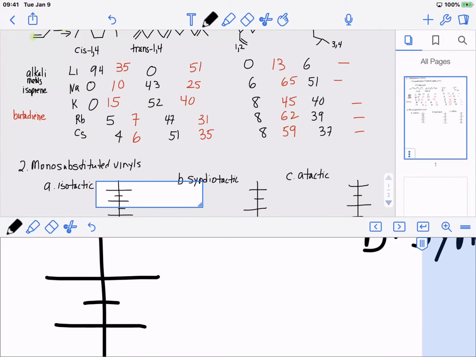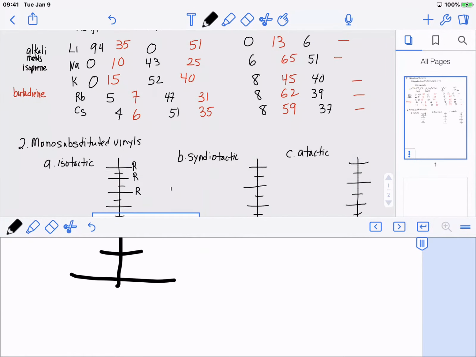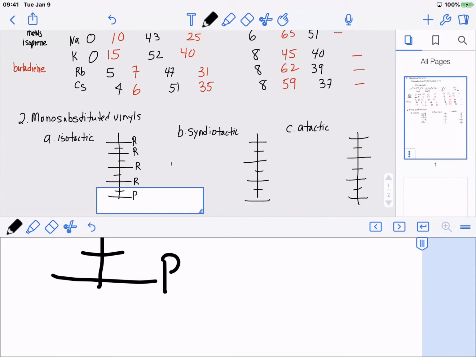Okay, so obviously for the isotactic polymer, if we're dealing with something like polypropylene, when we lay this out in whatever this is, a Fischer projection, I guess, all the R's are on the same side.